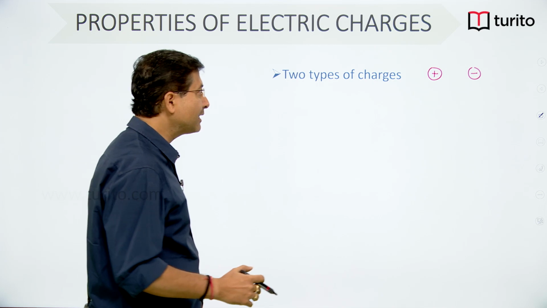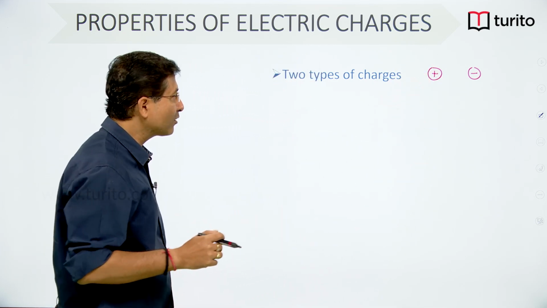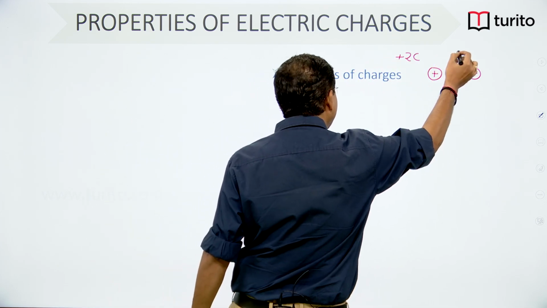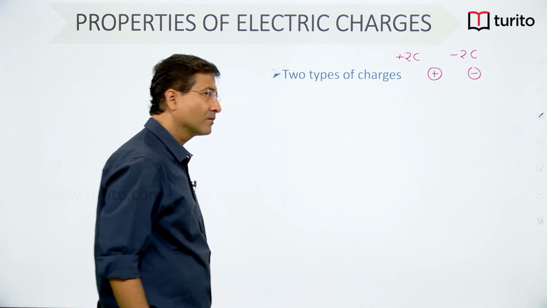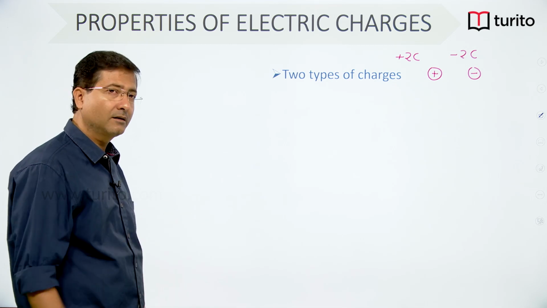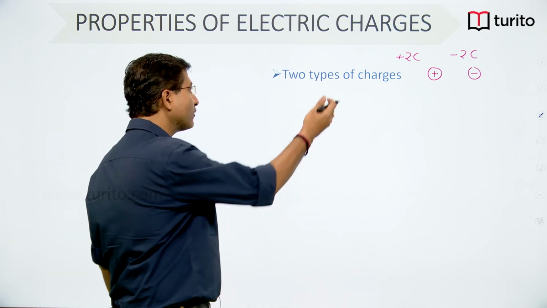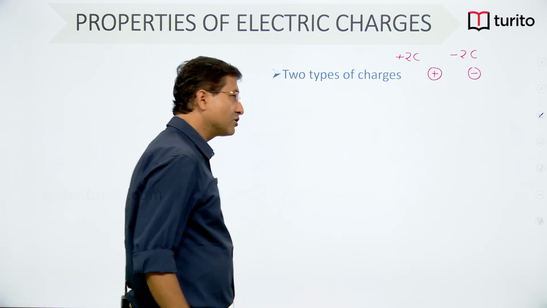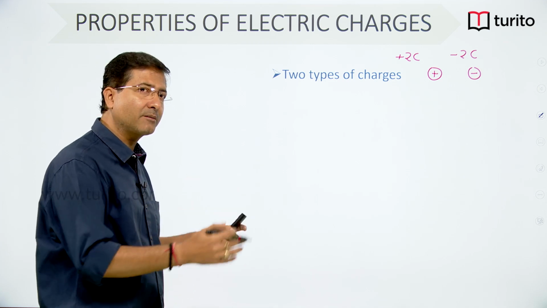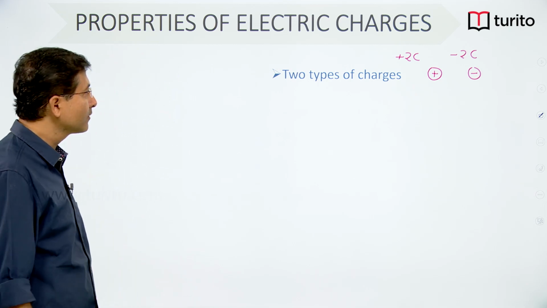Negative here does not mean something less, or positive does not mean something more, nor can I say that plus 2 Coulomb charge is more than minus 2 Coulomb charge. Here plus and minus signs just indicate that they are two different types of charges, right. Instead of naming them A and B or X and Y, they are named plus and minus by Benjamin Franklin, right. So, this is the first property of charge.